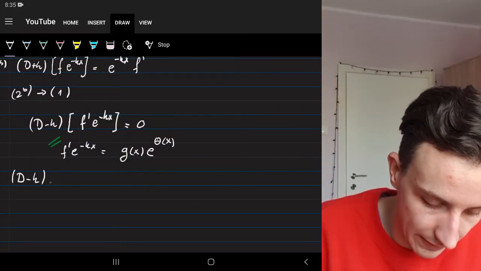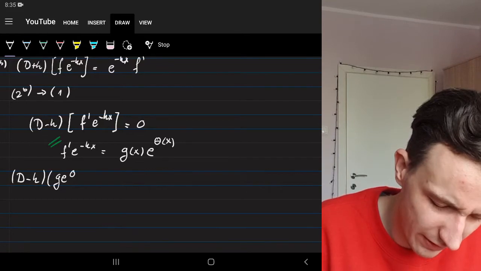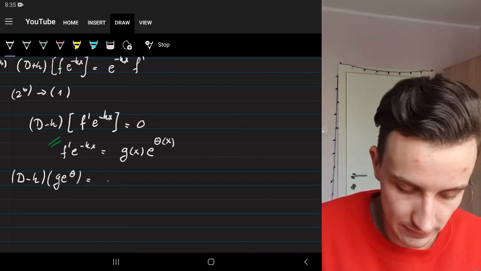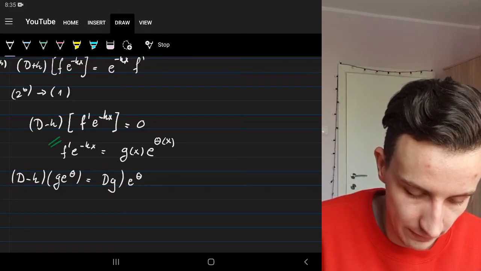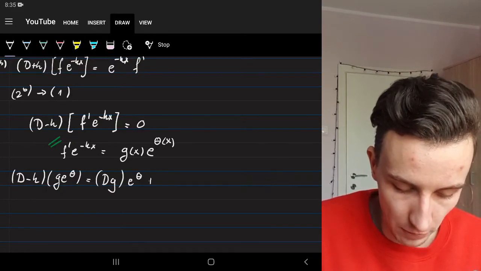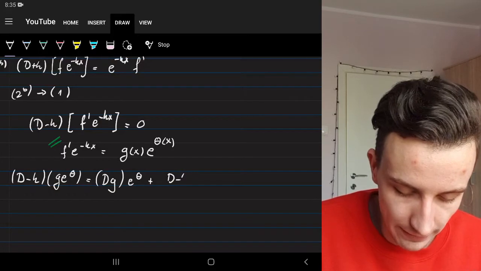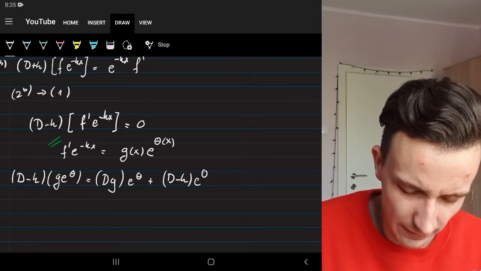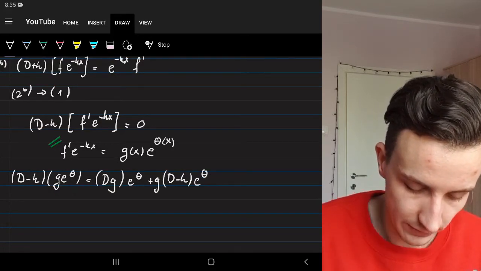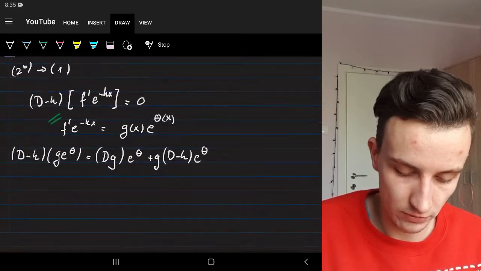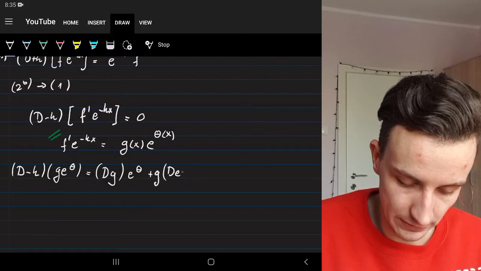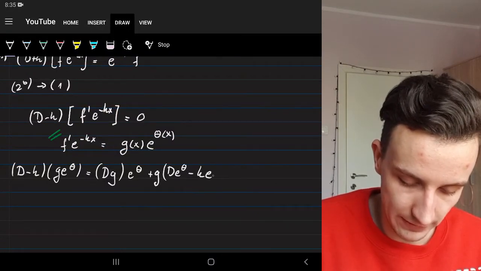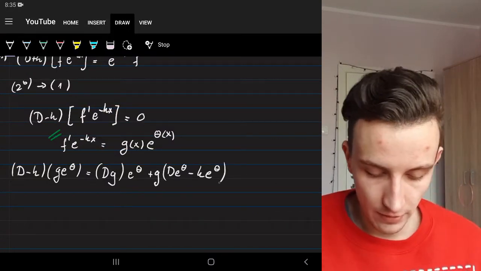So d minus k acting on g e to the theta is, as we've had, dg times e to the theta plus d minus k e to the theta and g in front, right? And now we multiply that out, d e to the theta minus k e to the theta.